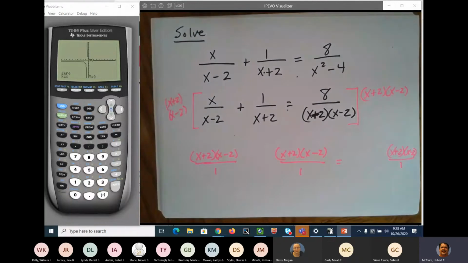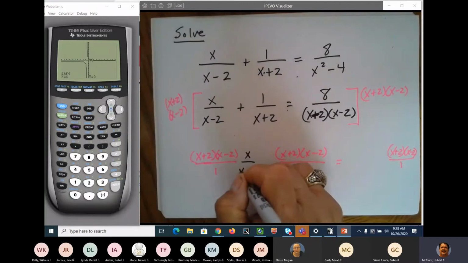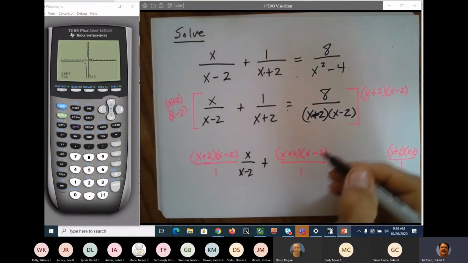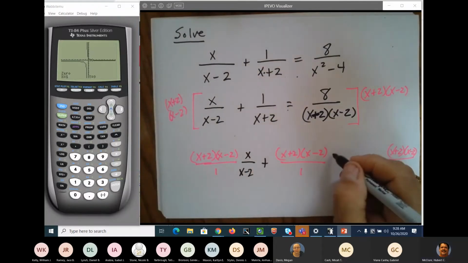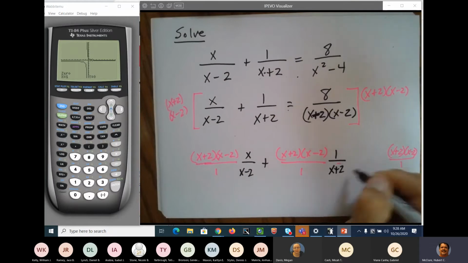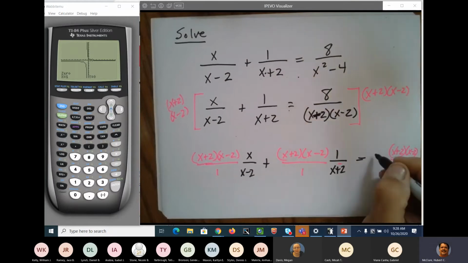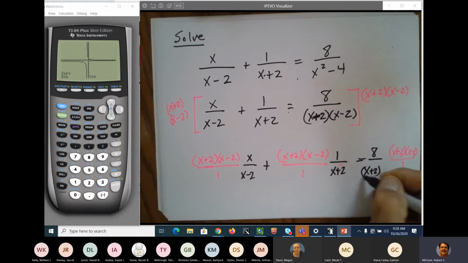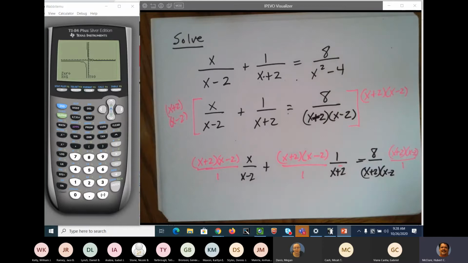Now I'm going to put my equation in: x over x minus 2 plus 1 over x plus 2 equals 8 over x plus 2, x minus 2.